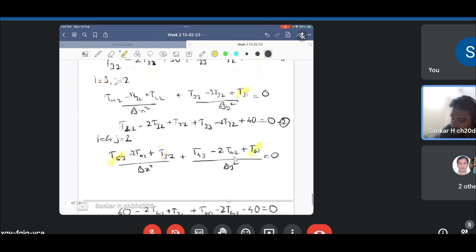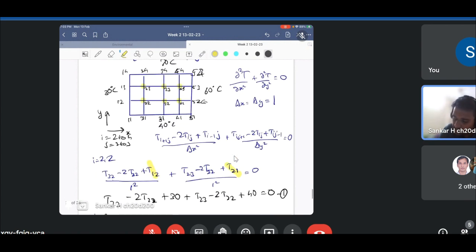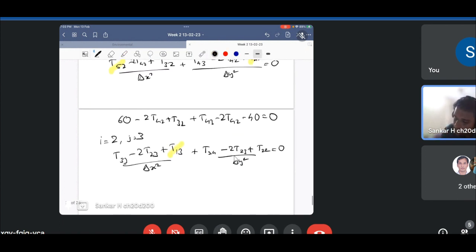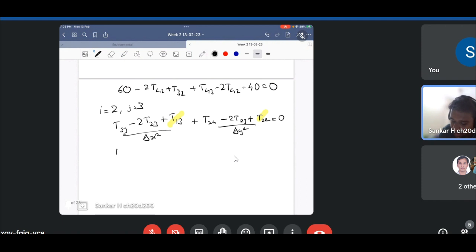T13 is known, and T24 is also known. So we'll write it as T33 minus 2T23 plus T13, which is 30, plus T24 minus 2T23 plus T22, where this should be 70, should be equal to 0. So this would be equation 3, and this would be equation 4.